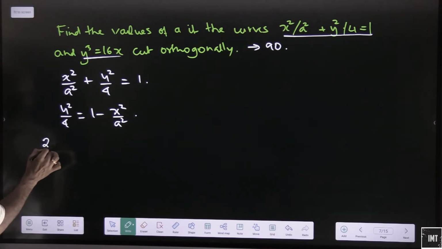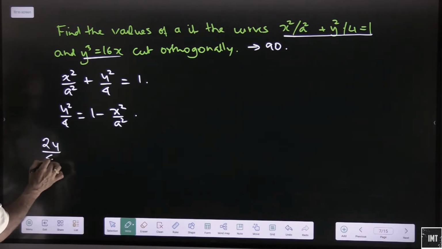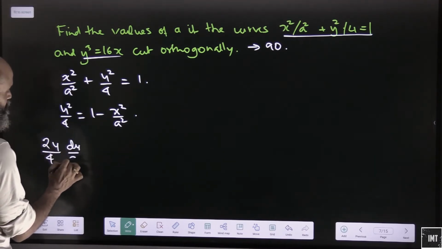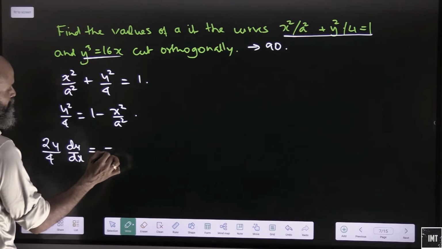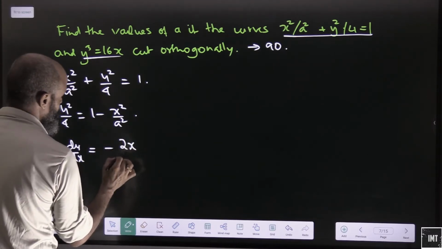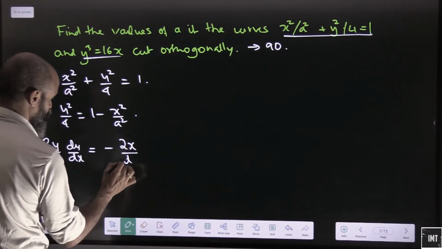So 2y by 4 dy by dx is equal to minus 2x by a square.